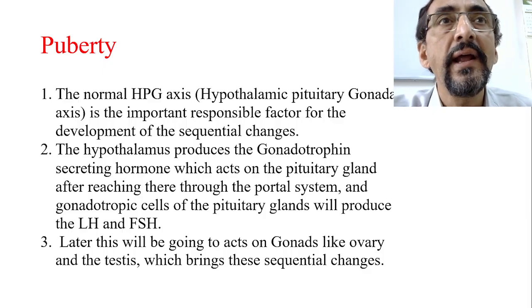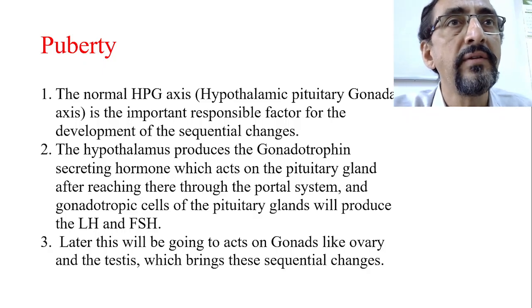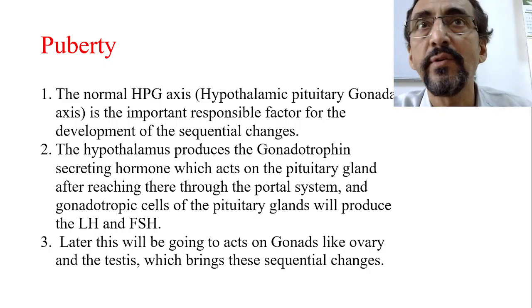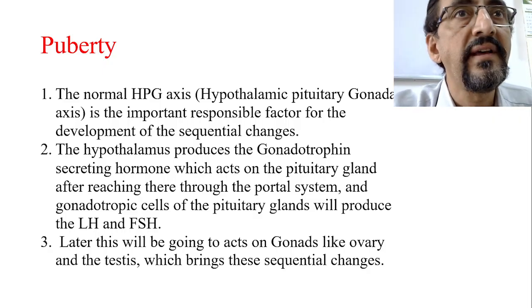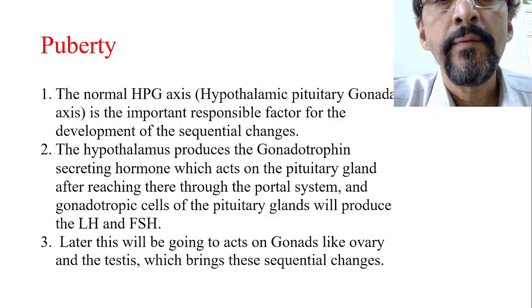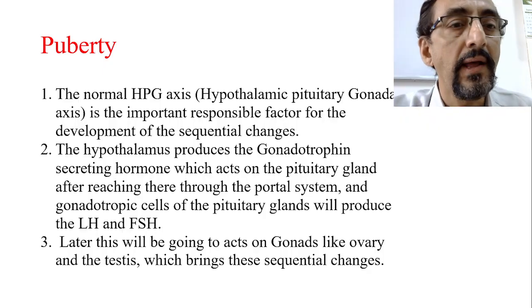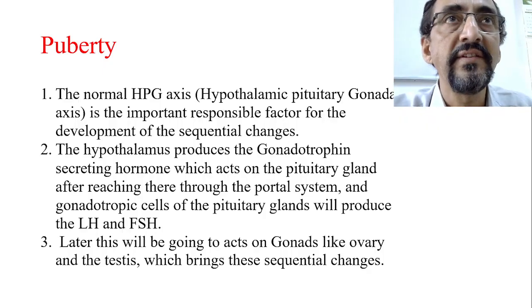In the pituitary gland we have gonadotropin cells, just like thyrotroph cells for the thyroid hormone and somatotroph cells for the growth hormone. Similarly, for the gonadotropin hormone we have gonadotropin cells.